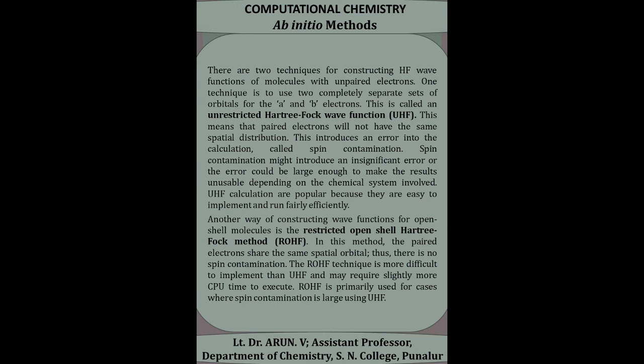This means that paired electrons will not have the same spatial distribution. This introduces an error into the calculation, which is called spin contamination. Spin contamination might introduce an insignificant error, or the error could be large enough to make the result unusable, depending on the chemical systems involved.